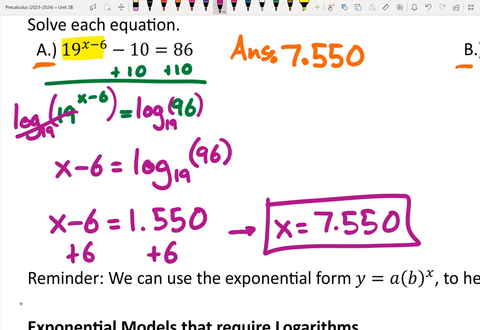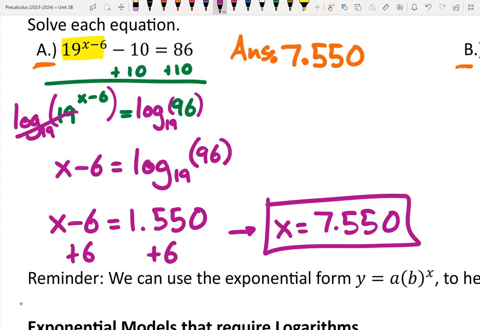Okay. If you just do log base 10 on both sides, that is fine. You will get to the same answer. You'll have log of 96 divided by log of 19. That will still be 1.550. But this one is just a little bit quicker if we do this.